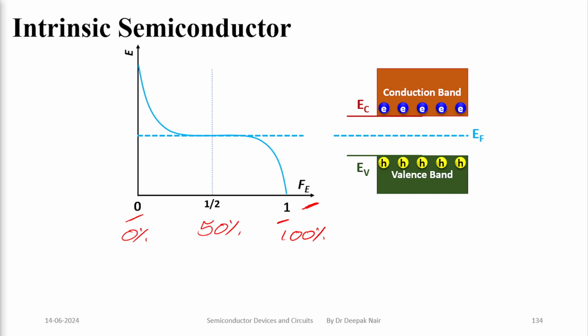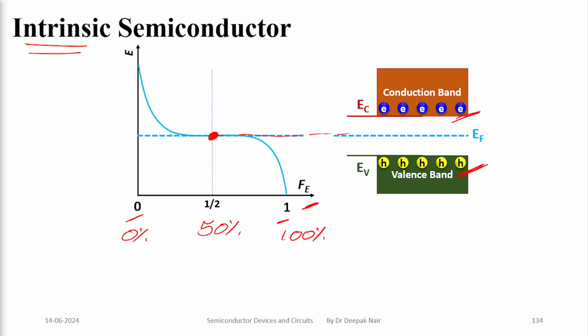For a pure or intrinsic semiconductor, the probability of finding an electron with energy EF is 50%, because it has an equal number of electrons and holes.